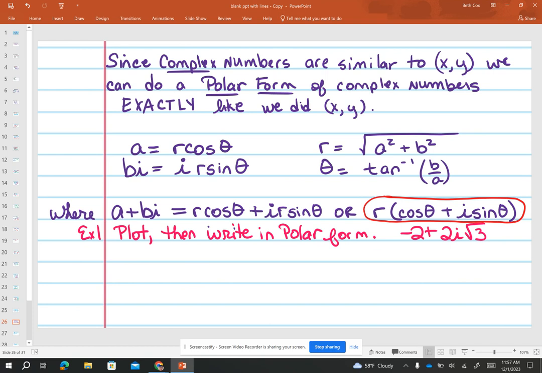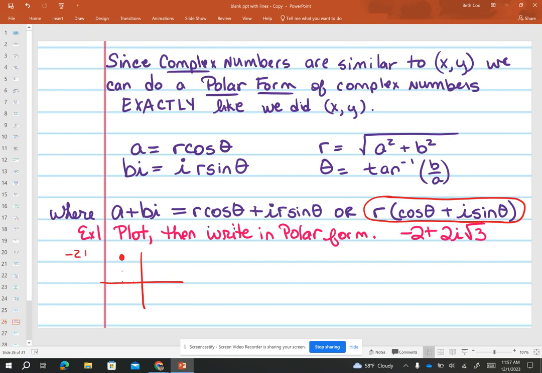So what we're going to do first is plot one, and then we're going to write it in polar form. The reason we plot this is it's important to know where our number is so we can get the angle correctly. So if I'm going to plot -2 and then 2 square root of 3, that's going to be over here in my second quadrant.